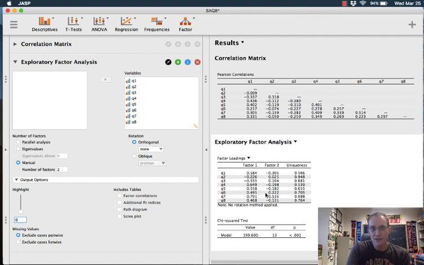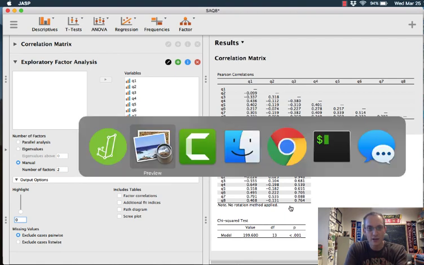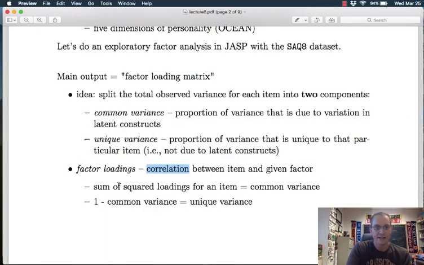Now, you can do that exercise with each one of these. But let's take a summary look at what all that is. Again, the sum of the squared loadings, that's what those correlations are called, for an item, that's your common variance, and then 1 minus that common variance is the unique variance.